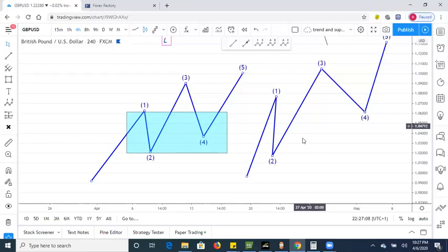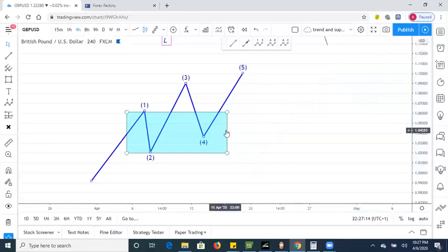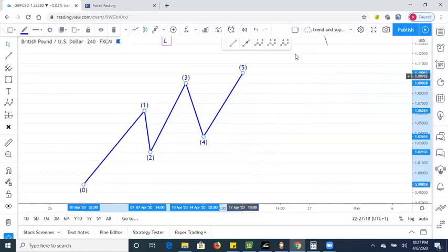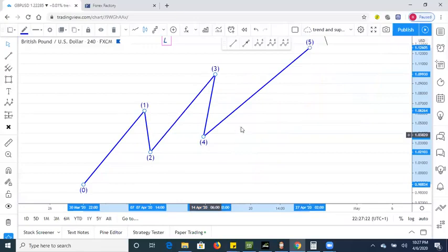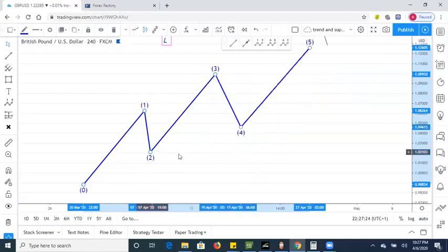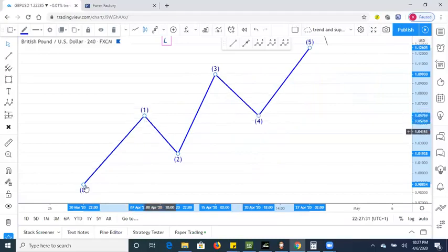So I'll give an example before we go to the charts. We'll try to create a higher time frame scenario and a lower time frame scenario here.